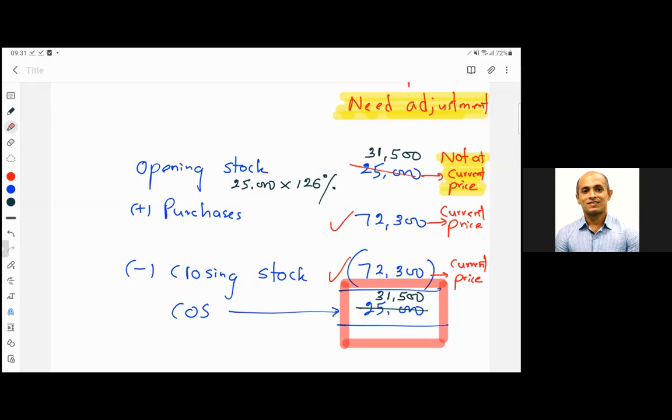So you can use industry information. You can find for certain industries some price indexes. Right. In addition, you can use price data. Those variations, price changes are available in the industry reports. So you can use that information to adjust opening stock value.